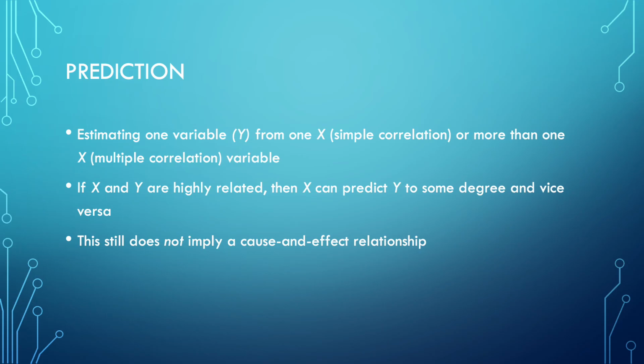If x and y are highly related, then x can predict y to some degree, and y can predict x to some degree. Just because these can be predicted does not imply cause and effect. It never implies cause and effect. It's always just prediction and relationships.